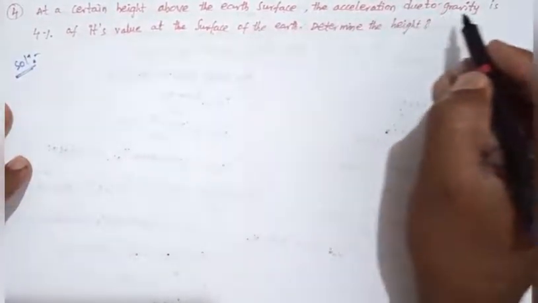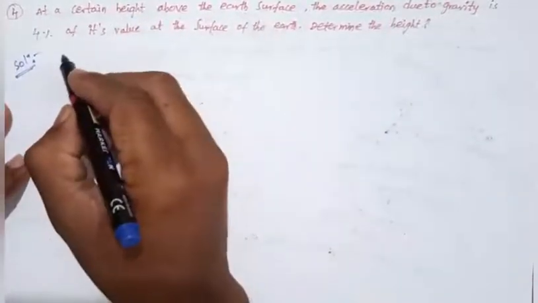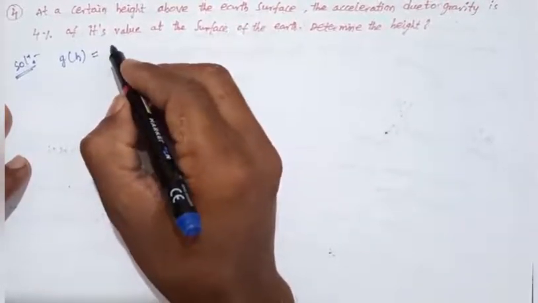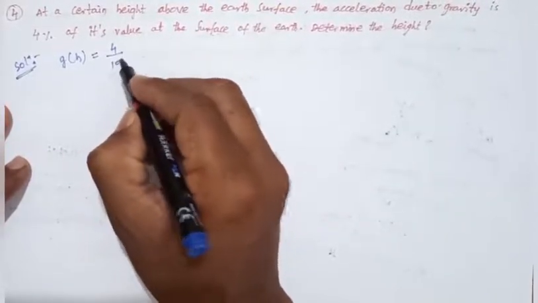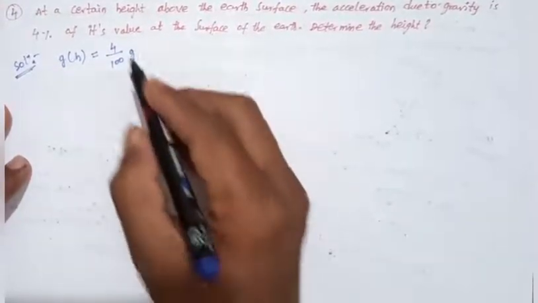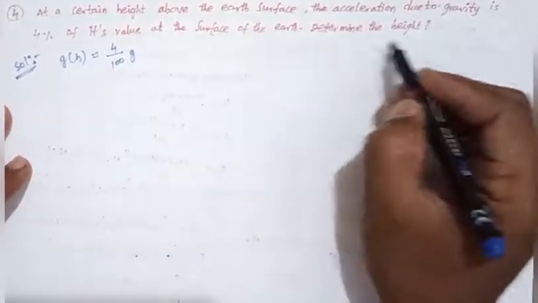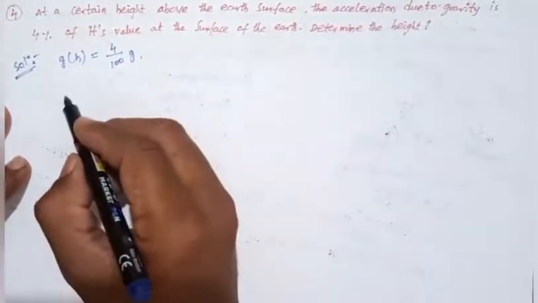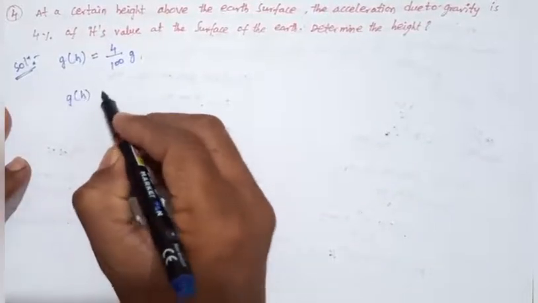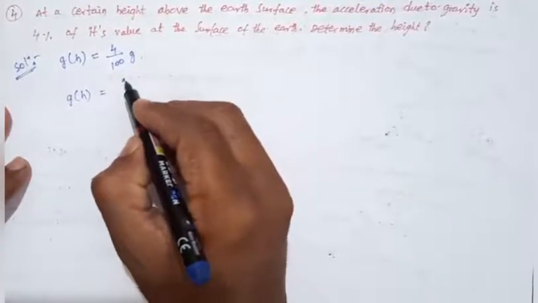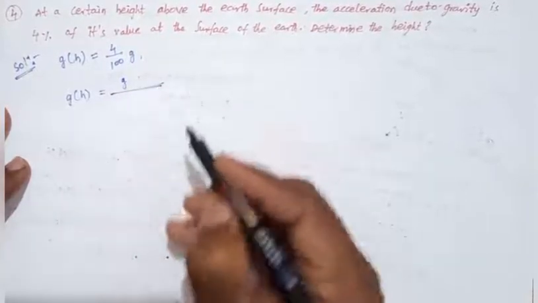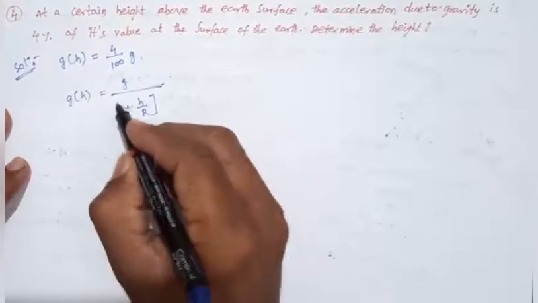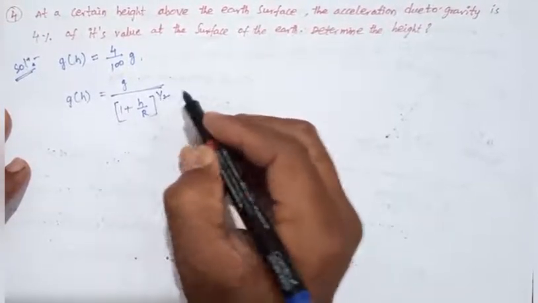Then the acceleration due to gravity at certain height, g of h, is taken as 4%. 4% is nothing but 4 by 100 into the acceleration due to gravity on earth's surface. Determine the height. So what is the equation for certain height h? g of h equals g divided by, the equation is, 1 plus h by r power of 1 by 2.